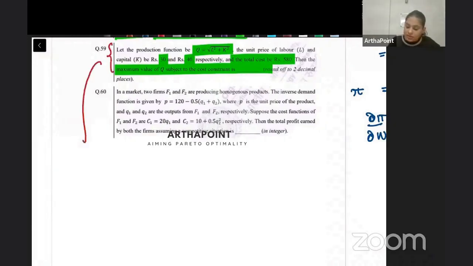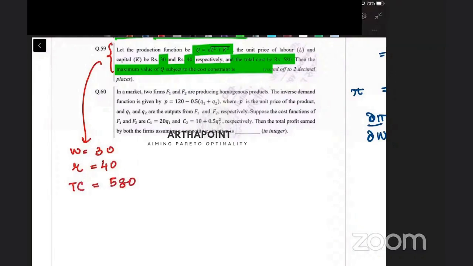So you are given that R is 40, W is 30, total cost is 580. This is what is given to you. And they're asking you to maximize the value of Q subject to the cost constraint.